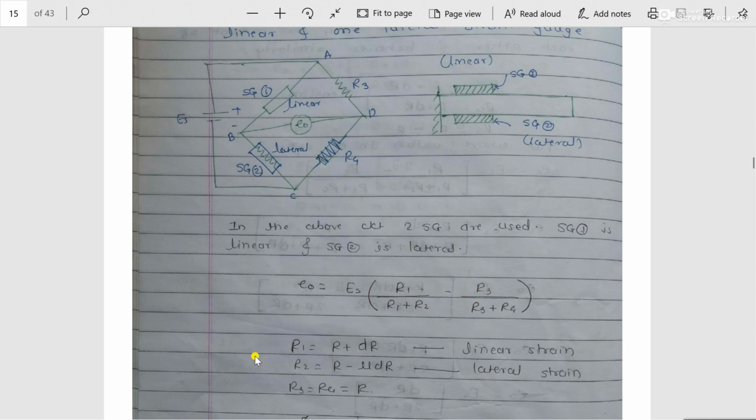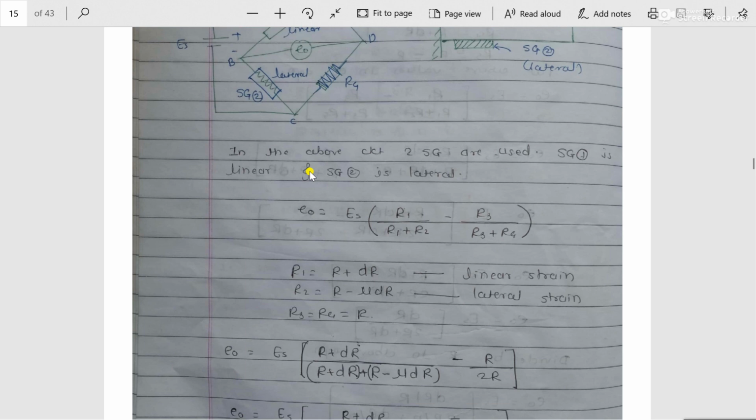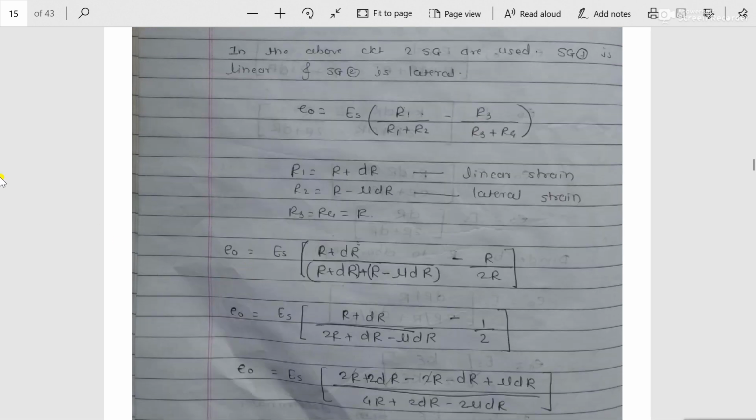And then I have to put these particular values in the above E0 equation to calculate the output of this particular bridge circuit. So if I put the values, that is R1 is equal to R plus delta R, your equation becomes E0 is equal to ES in bracket. Instead of R1 I have to put R plus delta R, then at the denominator R1 plus R2, so R1 is equal to R plus delta R, this plus sign as it is.